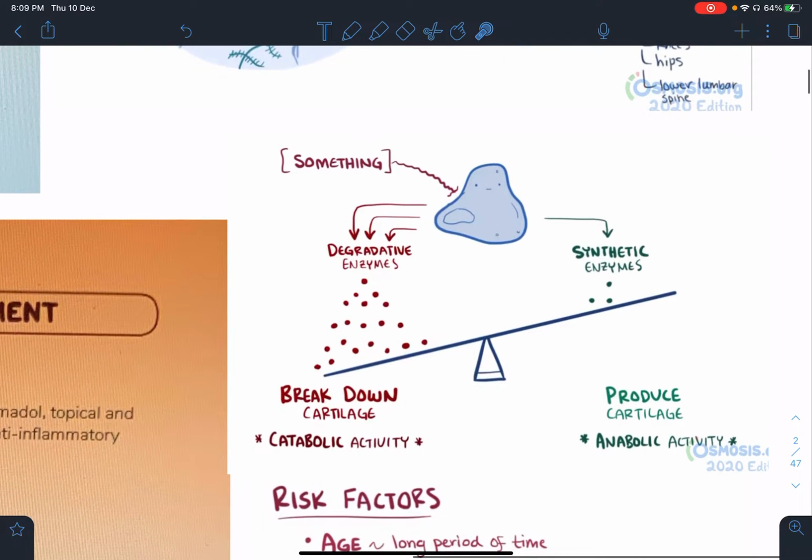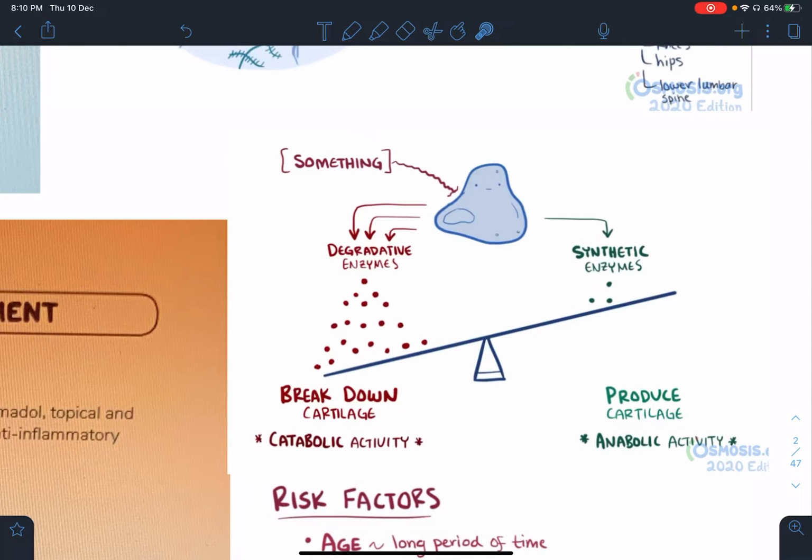So what about osteoarthritis? What's happening in osteoarthritis? Here we're talking about what's going on in this condition. In the normal activity of any cell, metabolic activity, you have equal anabolic and catabolic activity. Otherwise, things would just break down.